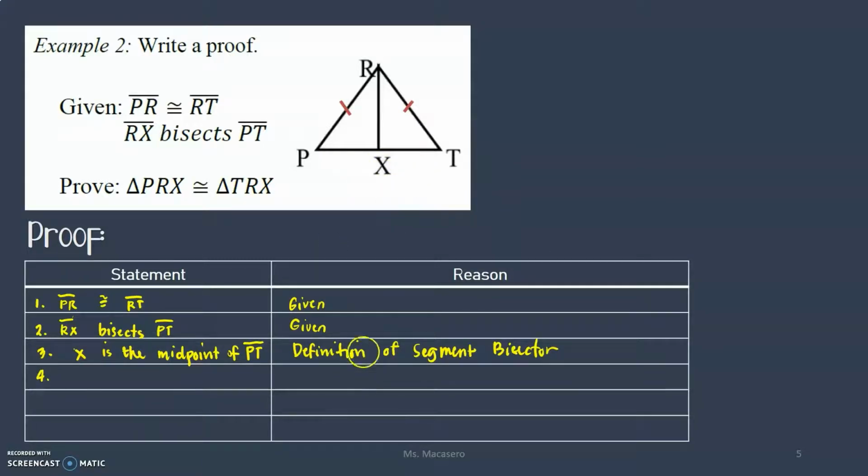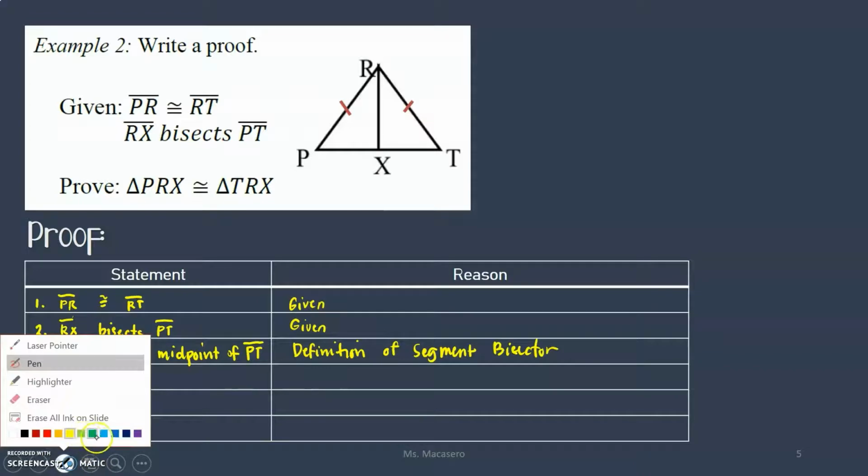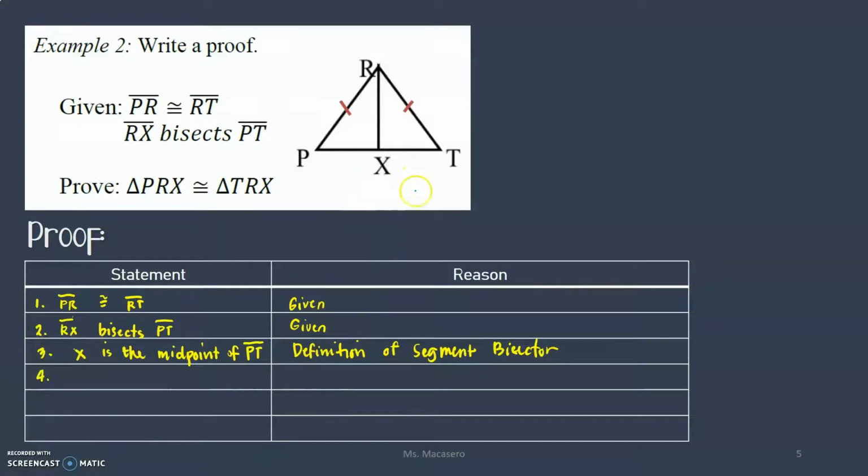Now, since X is the midpoint of segment PT, then we can say that from P to point X, that side, and from T to X, this side, they are congruent. Because we know that a midpoint divides a segment into two equal parts.